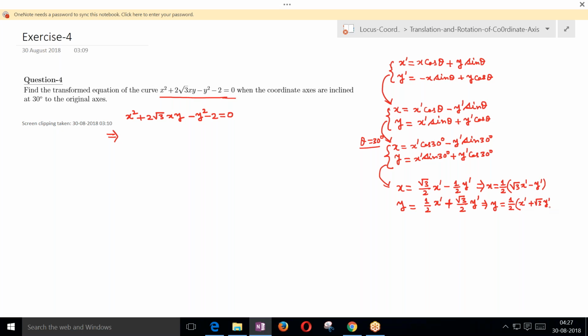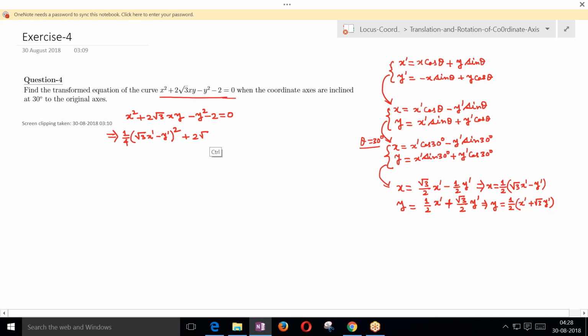So let us apply x square. That means here it will be 1 by 4 into root 3 x dash minus y dash whole square, plus 2 into root 3 into 1 by 2 into 1 by 2, because both x and y are multiplied.